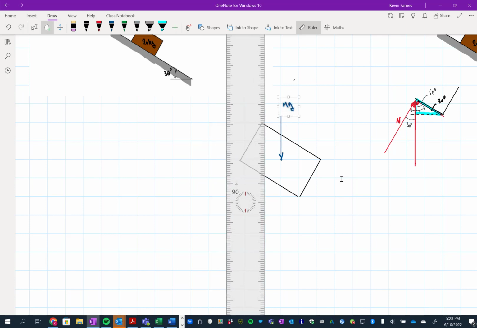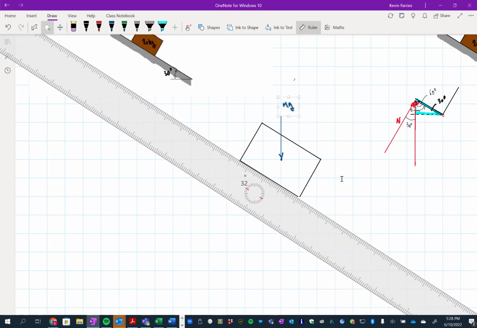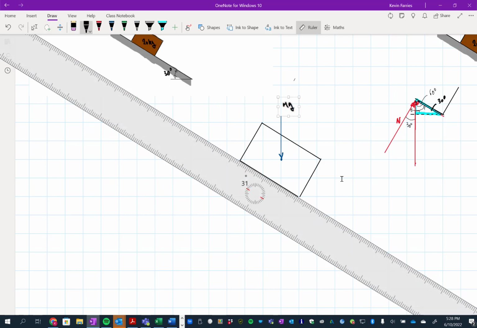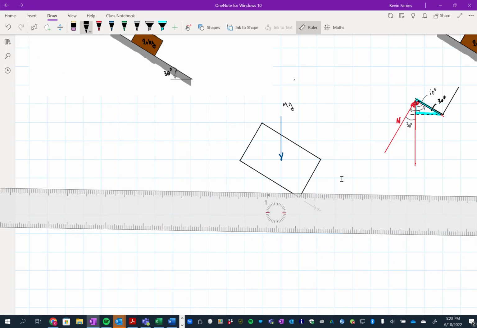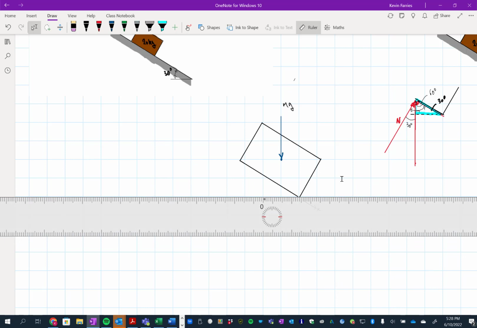What we're going to have to do is still find x and y components, but this time we're going to align those with the angle of the surface. So we're going to have x in this direction. Just mark on the angle here. This was 30 degrees.